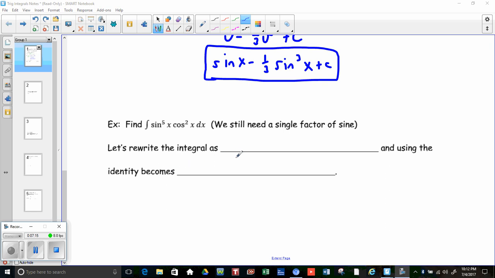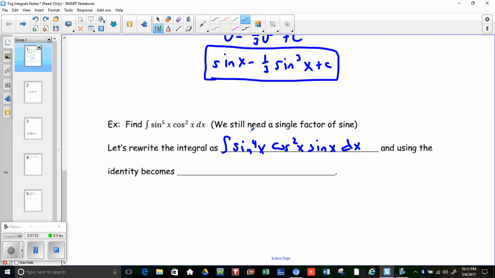All right, so we've got the integral of sine to the fifth x cosine squared x dx. You're still going to need a single factor of sine here. So what we can do is rewrite the integral as sine to the fourth x cosine squared x sine x dx.